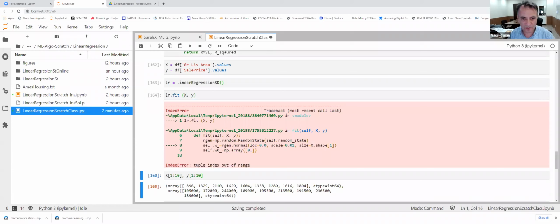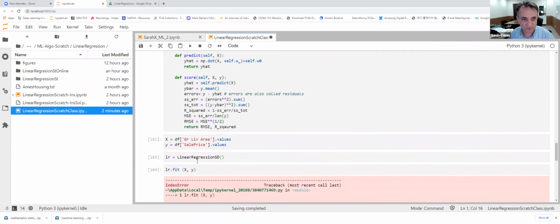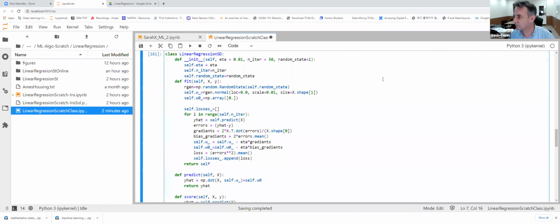It said tuple index out of range. So somewhere we made some mistake, and we need to fix it. I'm going to fix it very quickly.